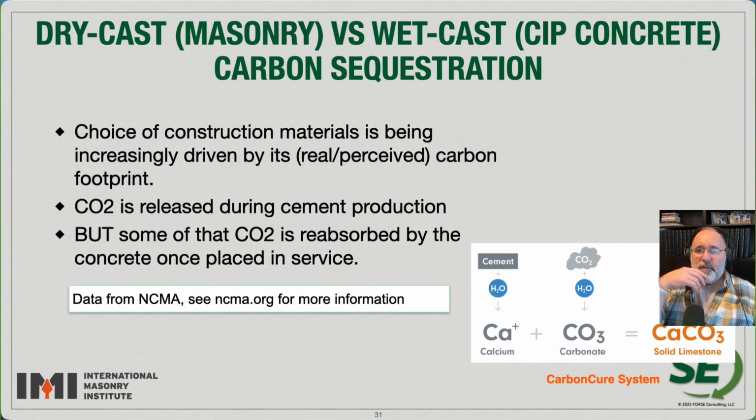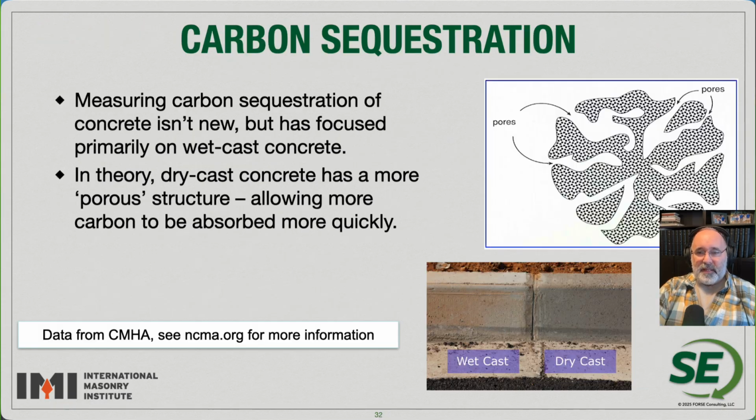Also, there are some really good studies being done by the NCMA, CMHA group, looking at the different types of masonry, dry cast masonry versus wet cast masonry, really that choice of construction materials being driven by the increasing real versus perceived carbon footprint. Looking at some of the data, we can see that the carbon sequestration with dry cast concrete is going to be much more favorable than it is for wet cast concrete.